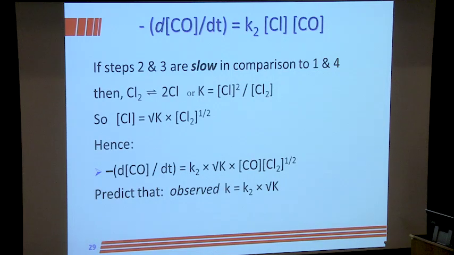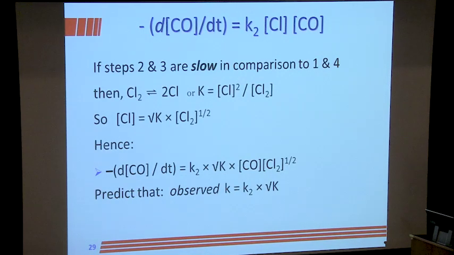Okay? So this is the change in concentration of CO with respect to time. So we predict that the observed rate constant for the whole process is equal to the rate constant for reaction 2, okay, times the square root of the equilibrium constant for the Cl2 giving us 2Cl equilibrium. Okay, that's what we predict.